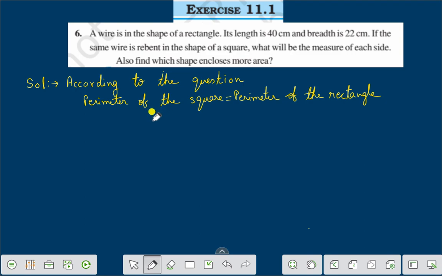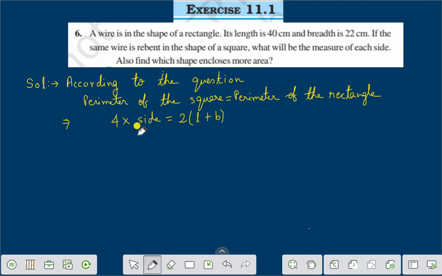We know that the perimeter of the square is 4 into side, that is 4L, and the perimeter of the rectangle is 2 into (length plus breadth), where L is length and B is breadth.